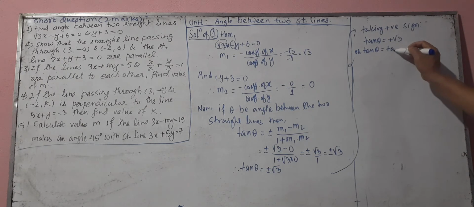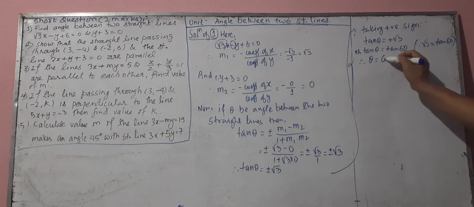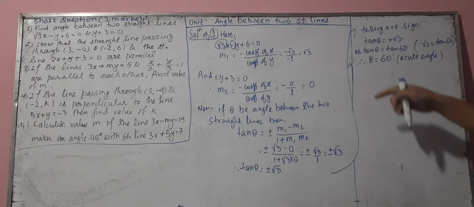Root 3 is tan 60 degrees, so the value of theta is 60 degrees. This is the acute angle. Why is it acute? It is less than 90 degrees.